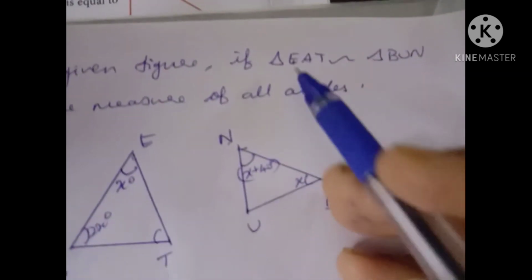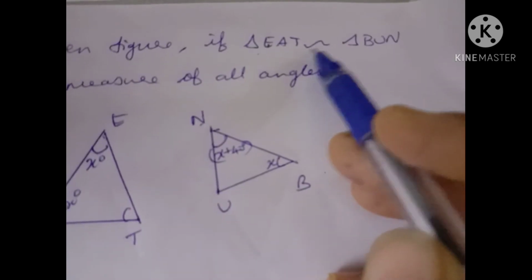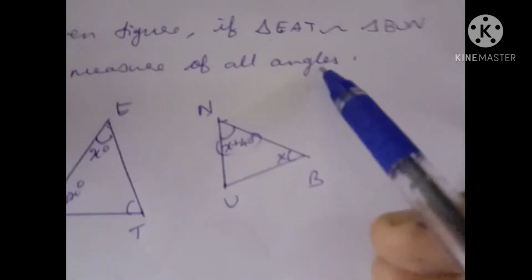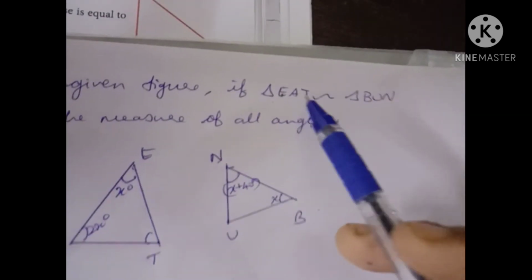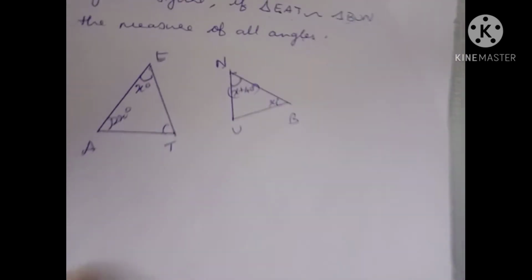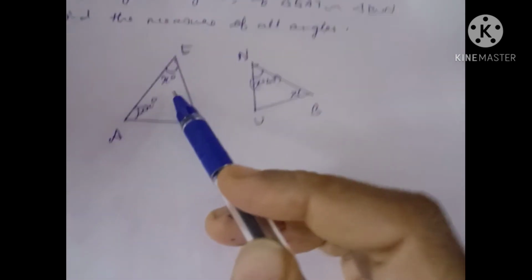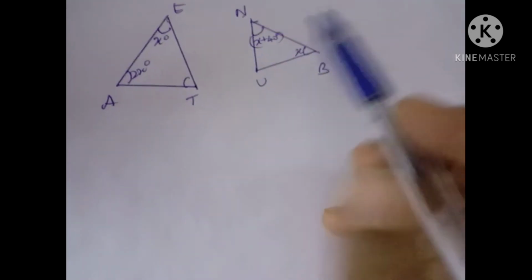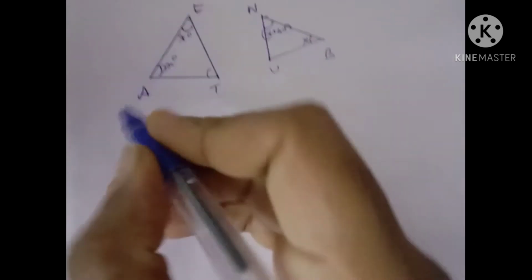In the given figure, if triangle EAT is similar to triangle BUN, find the measure of all the angles. They themselves gave that triangle EAT is similar to triangle BUN. You have to find all the angles.